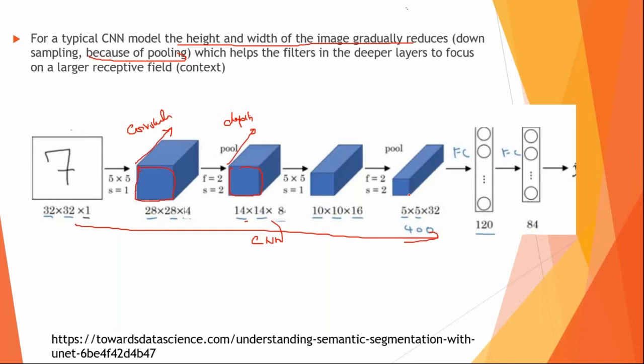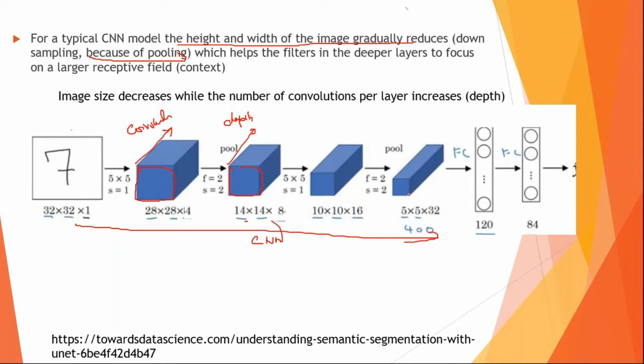So you look from a larger receptive field and extract more and more information. Generally, the image size decreases while the number of convolutions per layer increases, and by doing that, you extract more and more information about that particular image.